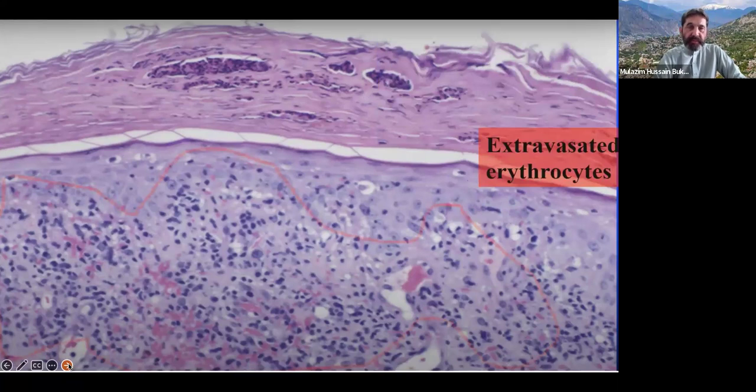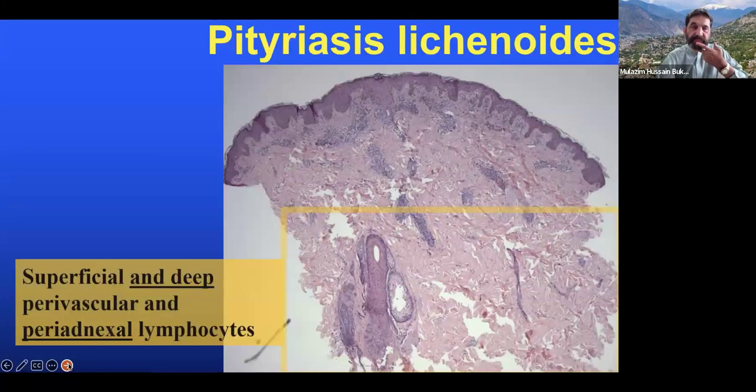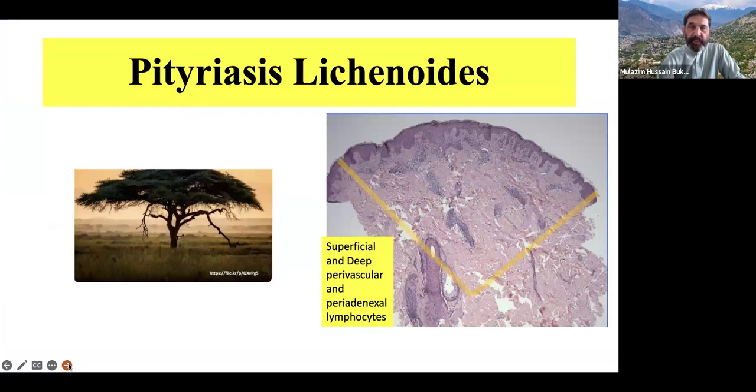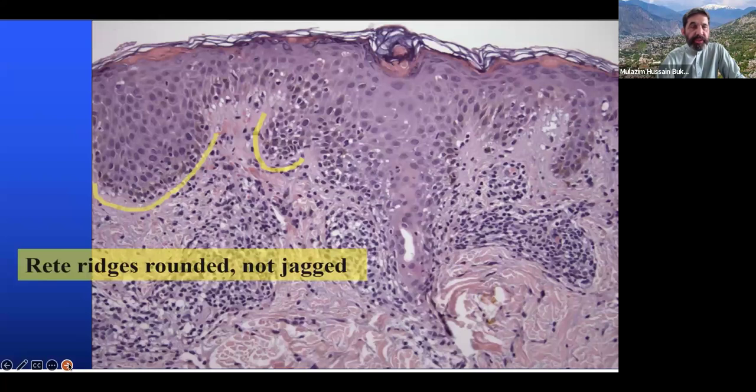Extravasation of the RBCs. I have tried my best to differentiate these, and this is a beautiful picture of the shrub-like pattern. These are lichenoid, superficial, wedge-like pictures, lichenoid pityriasis. And the difference between lichenoid pityriasis and lichen planus: in lichen planus, the cells were juxtaposed.